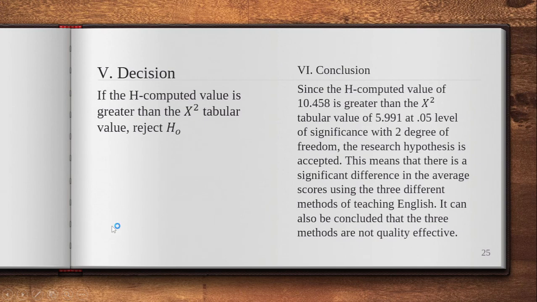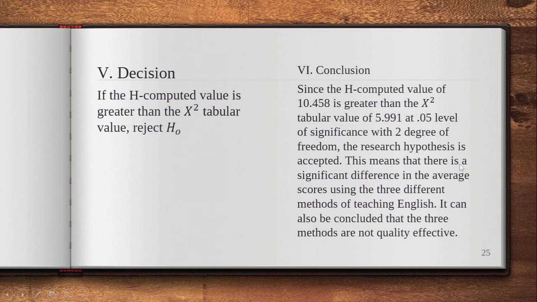Now, in decision, if the H computed value is greater than the chi-squared tabular value, reject the hypothesis. And lastly, conclusion: since the H computed value of 10.458 is greater than the chi-squared tabular value of 5.991, at 0.05 level of significance with 2 degrees of freedom, the research hypothesis is accepted.